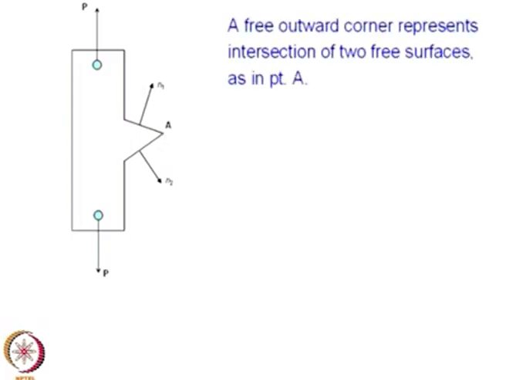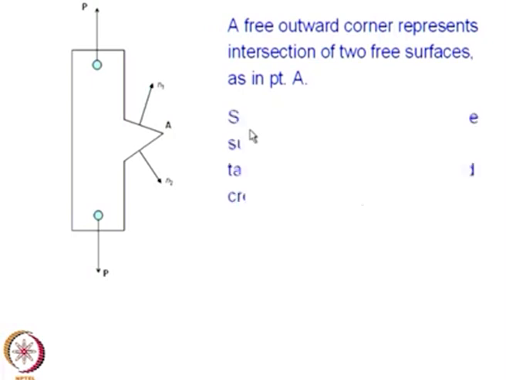A free outward corner represents the intersection of two free surfaces, as in point A. This is a free surface given by outward normal n1, and this is a free surface given by outward normal n2, and the stress vector can only be tangential. If I take this surface, it can be only tangential like this, or if I take the other surface, it can be tangential only like this. So, I cannot have a contradiction.